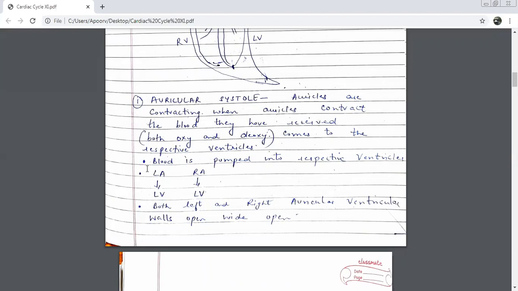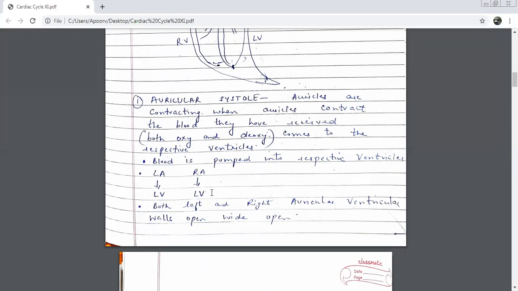Now the blood from the left auricle will move into which ventricle? Left ventricle. And the blood from the right auricle will go down. If you see, I've made an arrow downwards. That means the blood from the right auricle will go where? Right ventricle. So from the left auricle, the blood has gone to the left ventricle.